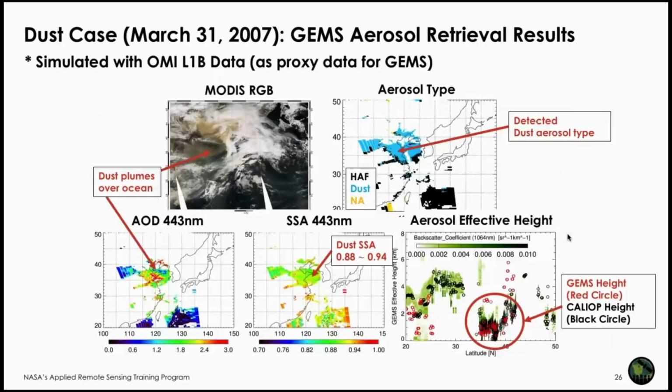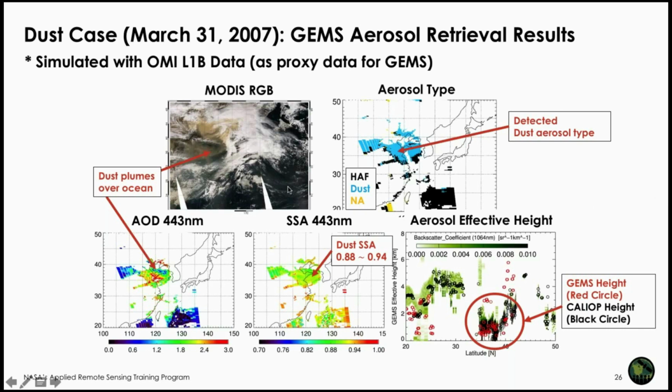The last one is the dust case on March 31st in 2007 from the GEMS aerosol retrieval algorithm. Actually, currently we don't have real GEMS measured data, so we use the OMI level 1B data to simulate and check our retrieval algorithm for GEMS.